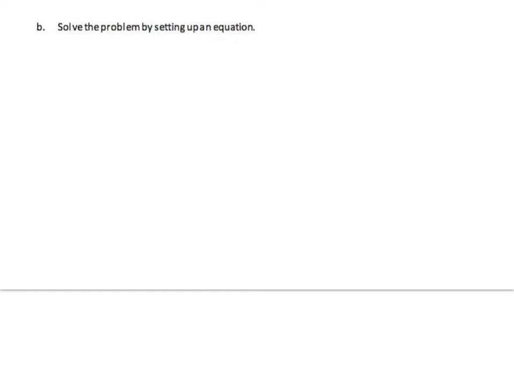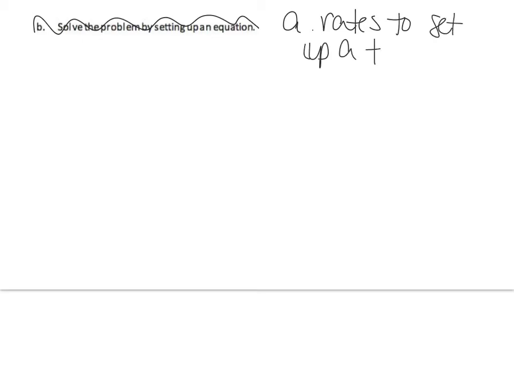Nope, we skipped a page. We are going to solve this problem, and on yours it is part A. We're going to solve the problem working with rates, to set up a tape diagram, because some of you might like that, or an area model.